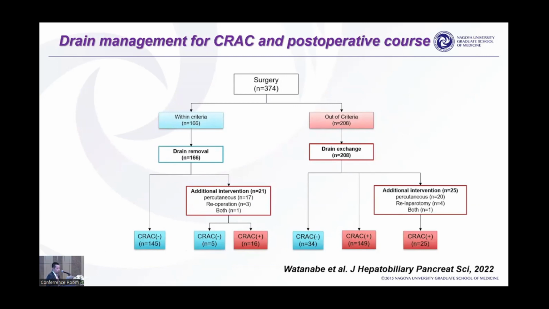The slide shows drain management for SSI and postoperative course. According to the rule, drains were removed in 166 patients, and drain exchange was performed in 208 patients. In patients whose drain was removed, 21 patients underwent additional intervention for suspicious SSI.